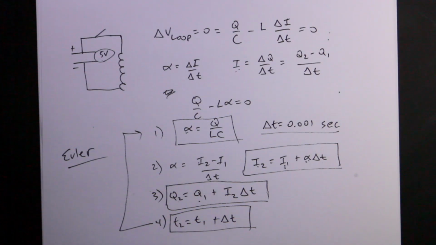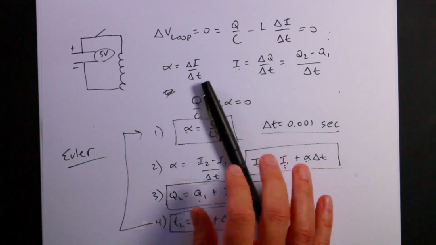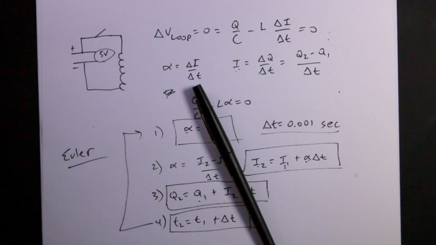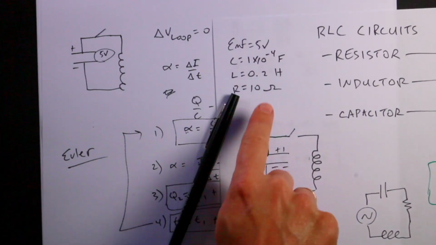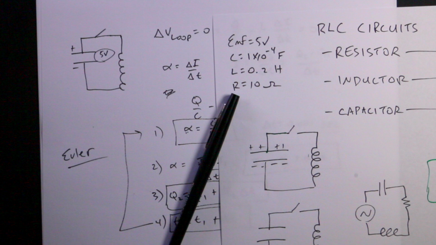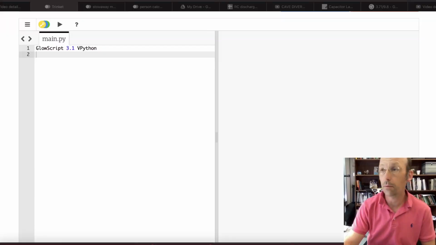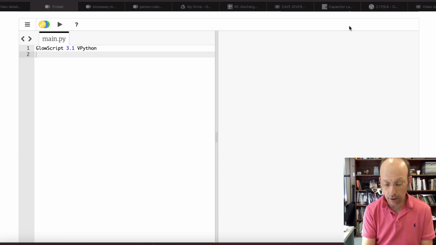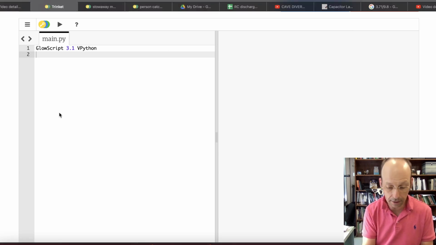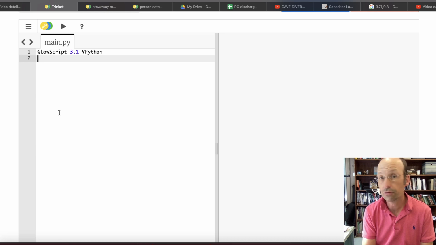And that's why we want a computer to do it. Okay, so let's switch over to the computer, and to get this thing to work, I'm going to use these initial conditions for my situation. So switch over to computer. Here we are. Okay, so I'm using GlowScript VPython in Trinket.